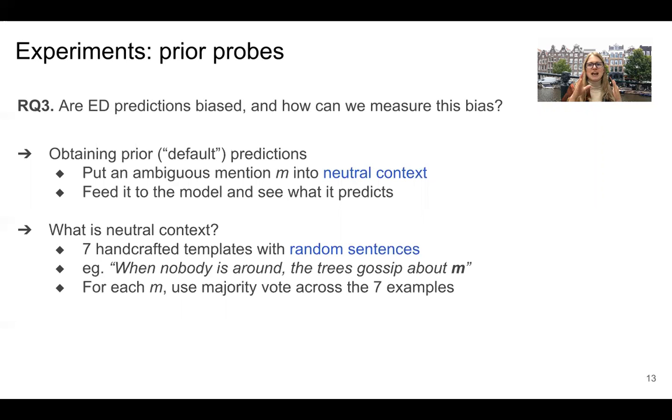So basically, if the model doesn't know anything about the context, it will give the answer based only on its priors, and this is what we want to obtain. And we had some meaningless sentences, for example, "when nobody is around, which is gossip about" Michael Jordan, Odessa, whatever we substitute into this template. And we used a majority vote across 7 such examples to obtain the prior answers of the models.